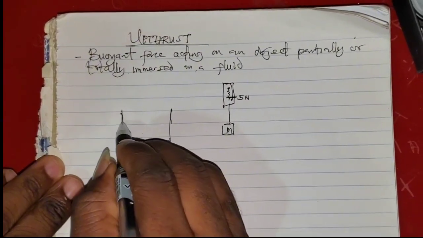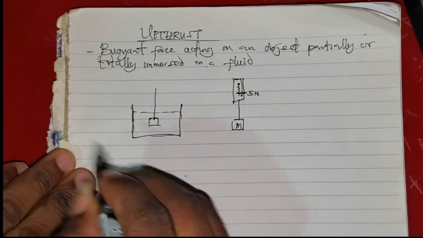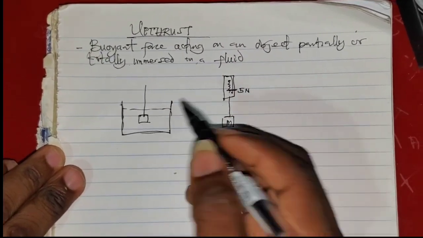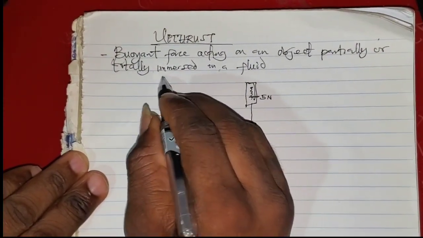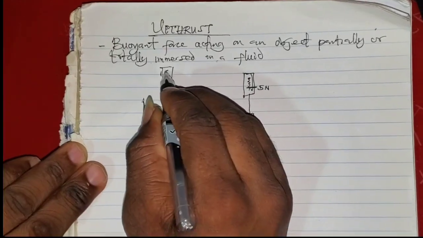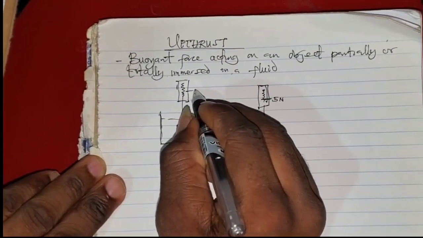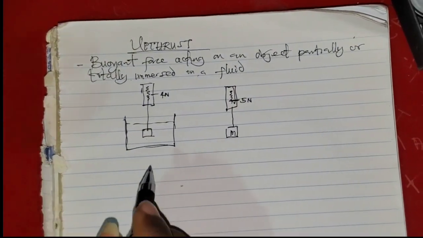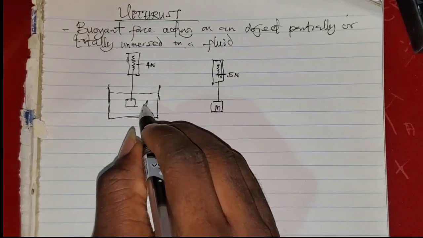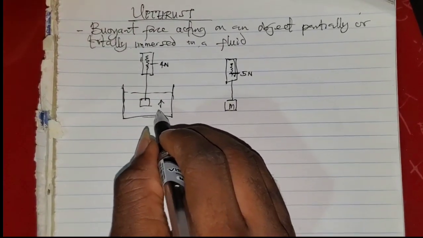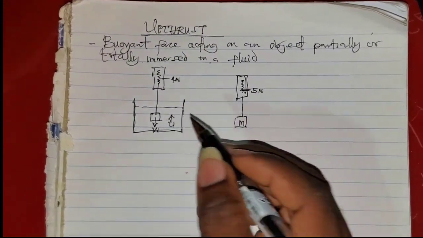By the time we dip it totally into a liquid, let's say water or any other liquid, there is going to be a difference in the weight of the substance. It will reduce, let's say, to 4 Newton. That means there's an upward force acting on this object, a buoyant force, and that force is what we call upthrust. It works against the weight of the object.